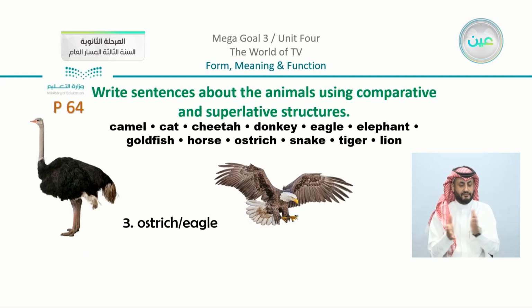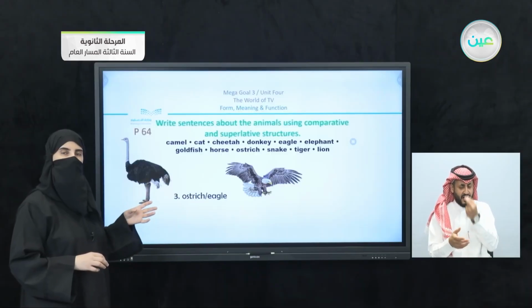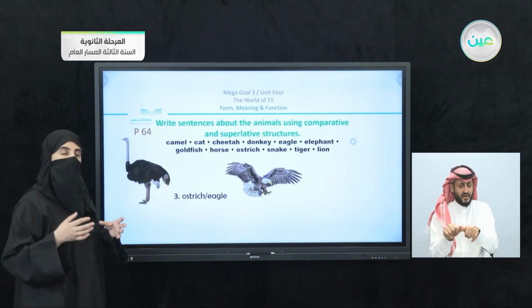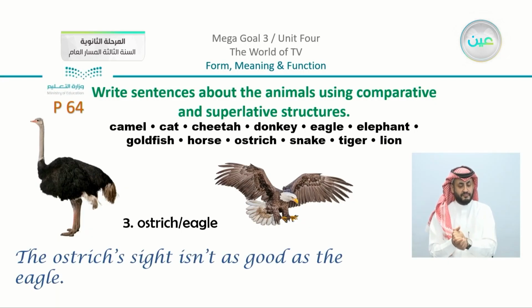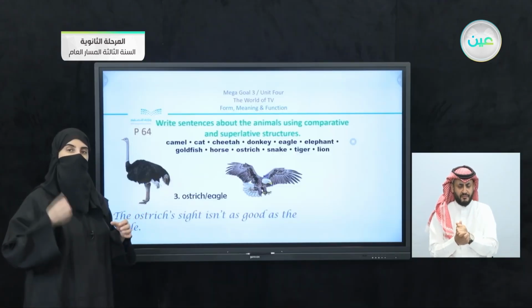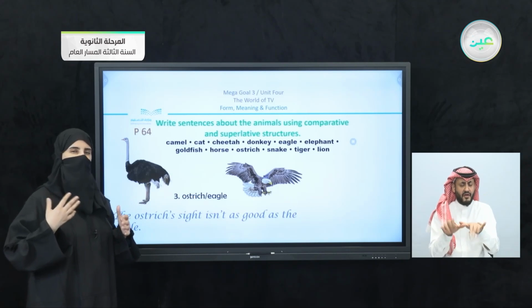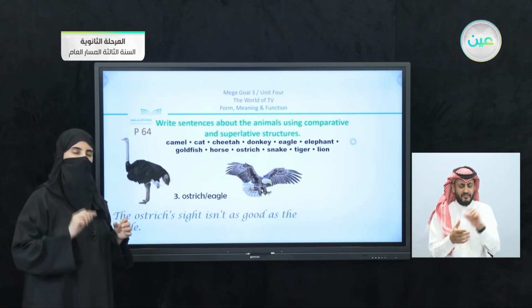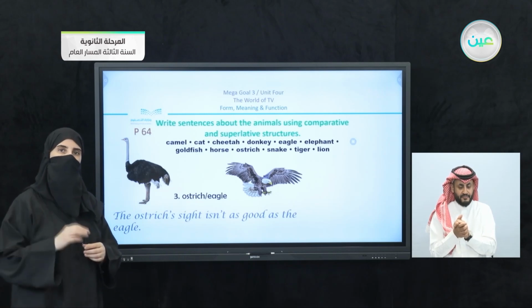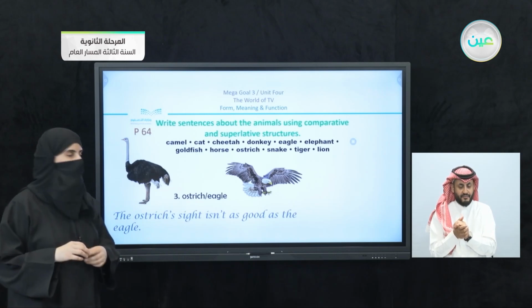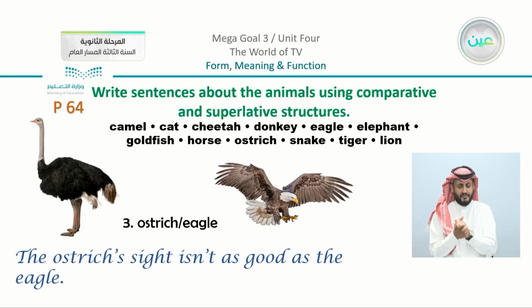We have here the ostrich and the eagle. Now we can say that they all are from the bird types, but how can I compare? We can say that the ostrich's sight. Do you remember when we talked about the ostrich in our first unit and said that it has poor eyesight? The opposite, it has very strong eyesight. Or accurate, we can say. Now, the ostrich's eyesight isn't as good as the eagle's.